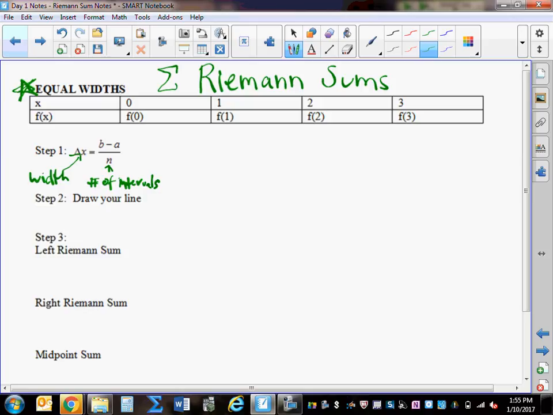Alright. So for this specific problem, we have that it's going from 0 to 3. And for this one, I'm going to tell you we're aiming for 3 intervals. So if I were to do my delta x for this problem, 3 is my ending x value, 0 is my starting x value, and I want 3 intervals, so that would mean that each interval has a width of 1.